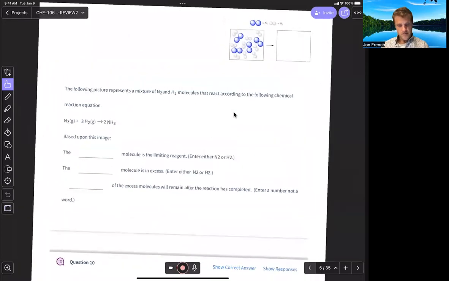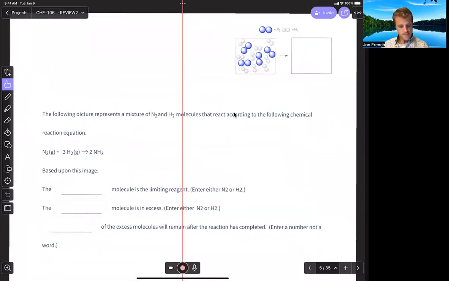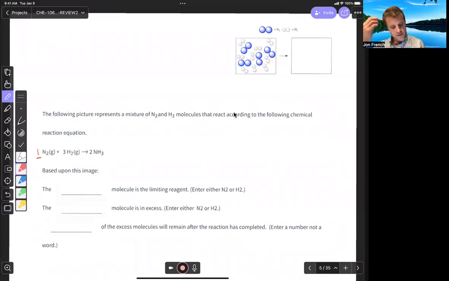Question 9 is a good one. We don't even have to do math to figure out question 9. It's the Haber process, where nitrogen is blue and hydrogen is white, and the question is which molecule is the limiting reagent and which is in excess. For this reaction, for every 1 nitrogen, we need 3 hydrogens. So literally we can say, here's 1 nitrogen and 3 hydrogen. Here's 1 nitrogen and 3 hydrogen. Here's 1 nitrogen and 3 hydrogen.